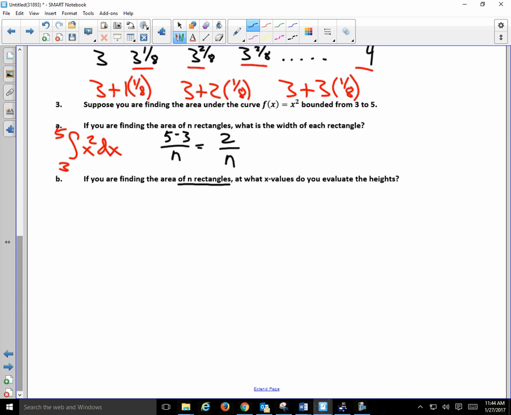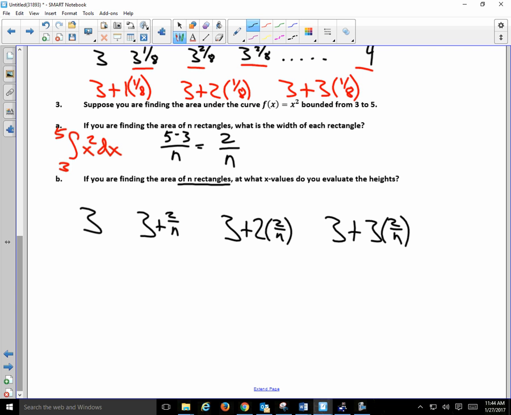Well, we start at 3, and then our next spot would be 3 and 1 width, 3 plus 2 over n. And then the next one would be over how many widths? 2 widths, so 2 times 2 over n. And the next one will be 3 plus over how many widths? 3 widths, so on and so forth, right?